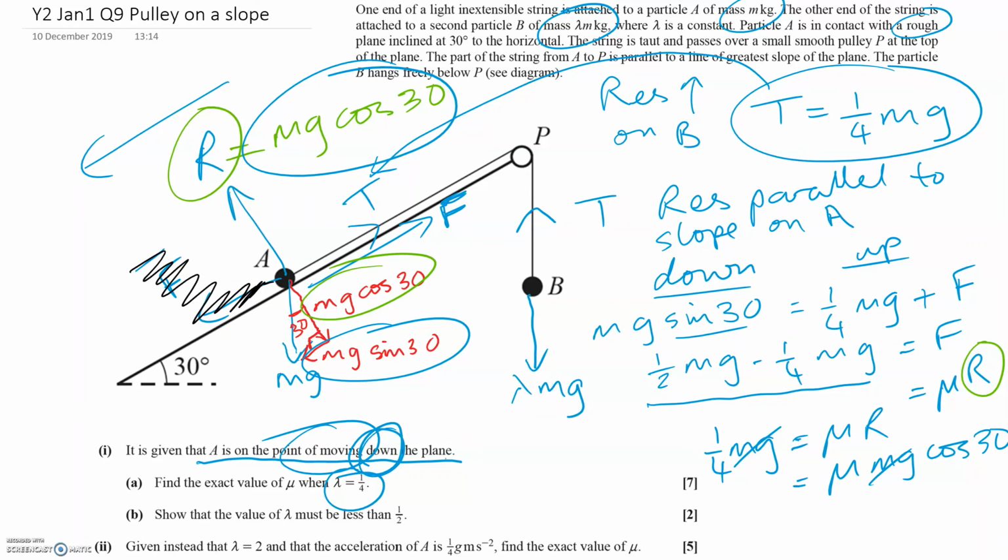So mu, if we get mu on its own here, mu is just going to equal a quarter divided by cos 30, and if I type that into my calculator, 0.25 divided by cos 30 equals √3/6.